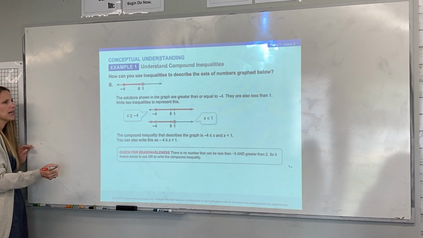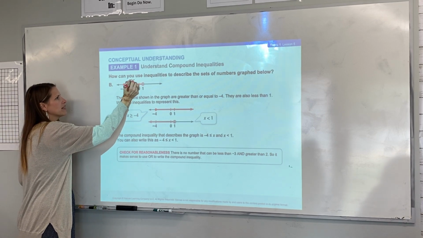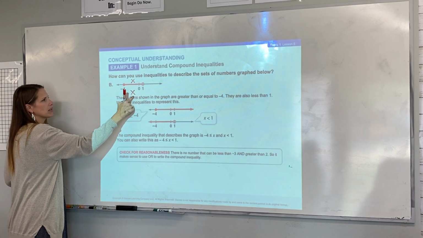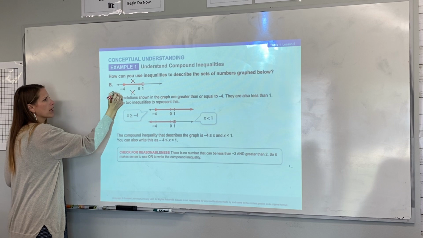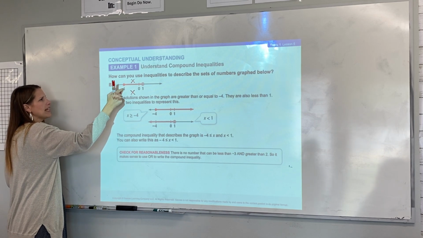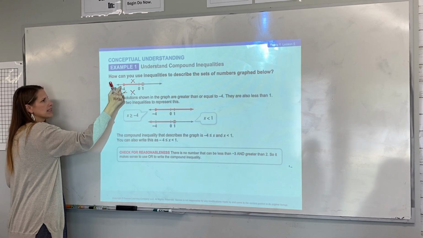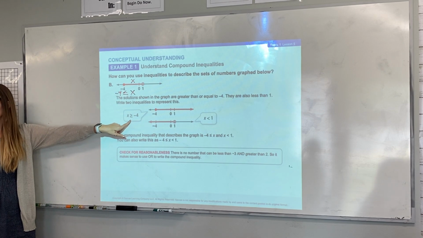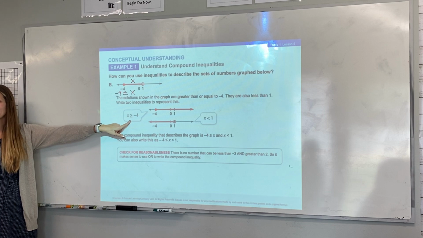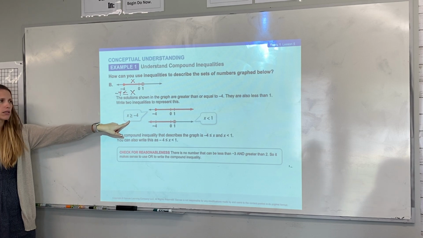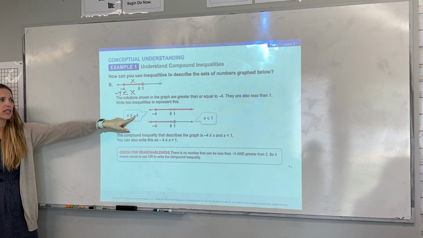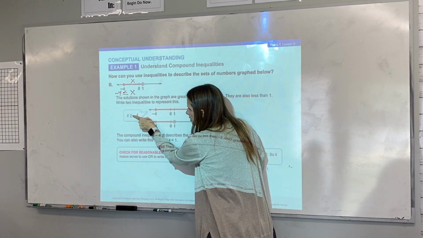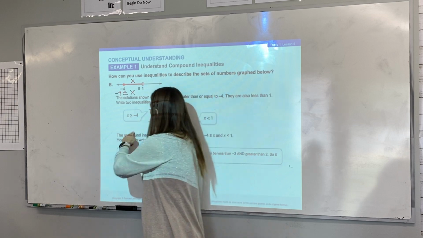Because here's where X is, it means X is in the middle, and -4 is less than or equal to X. It's just the exact same, it's just read backwards. X is greater than or equal to -4, well, let's read it this way: -4 is less than or equal to X.